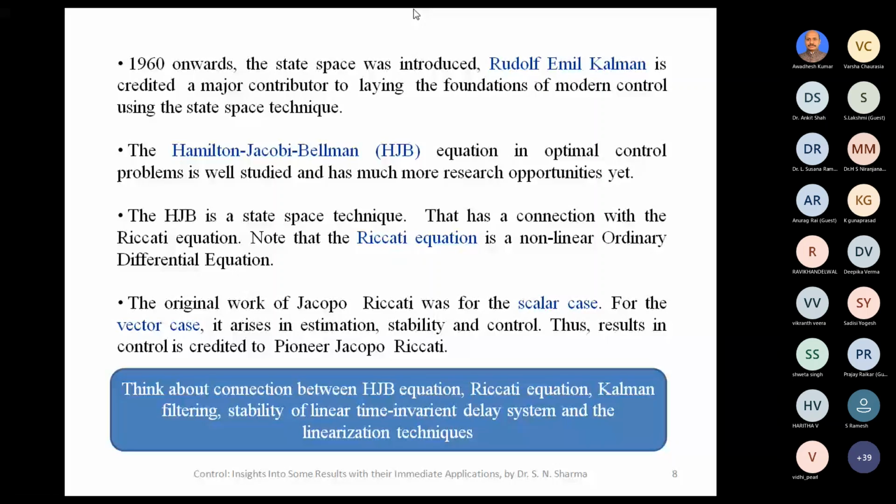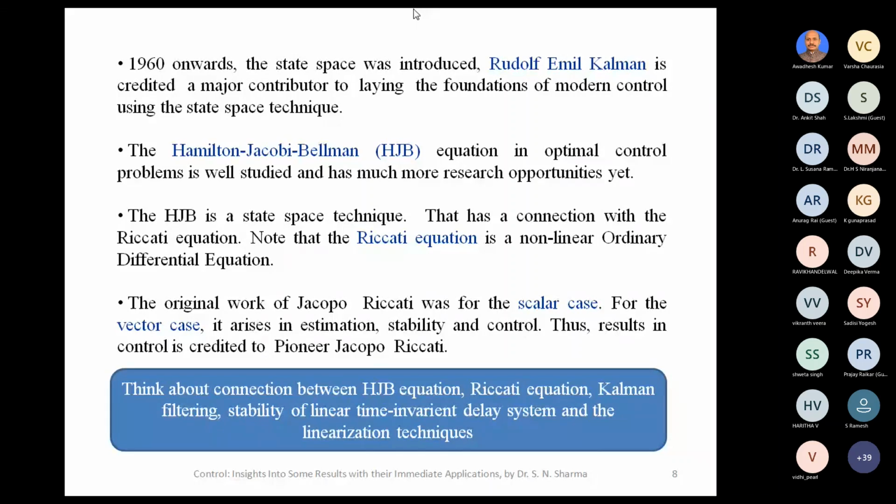Kalman filtering is a set of two equations, with variance propagation of a linear stochastic differential system in combination with a linear observation equation. The variance evolution obeys the Riccati equation. So the Riccati equation comes in Kalman filtering.